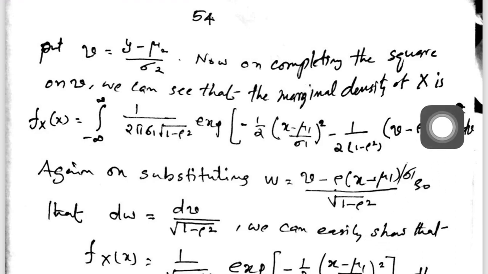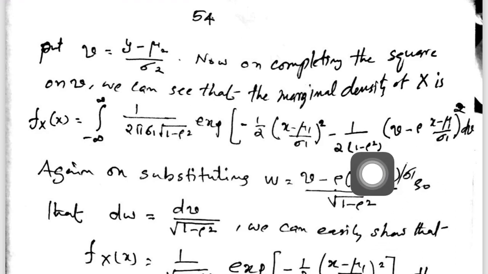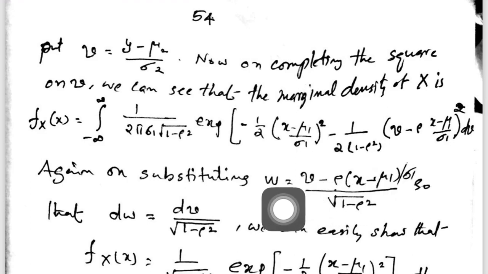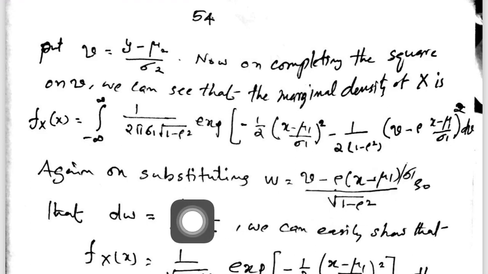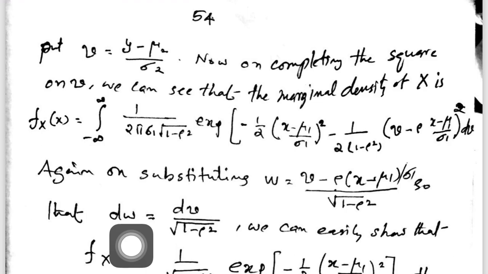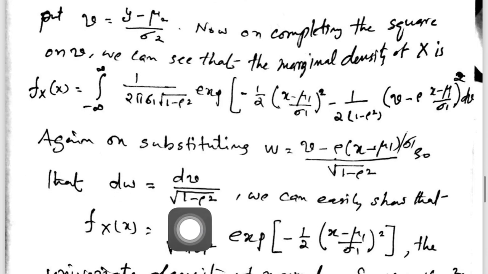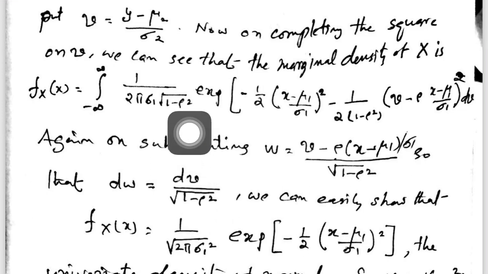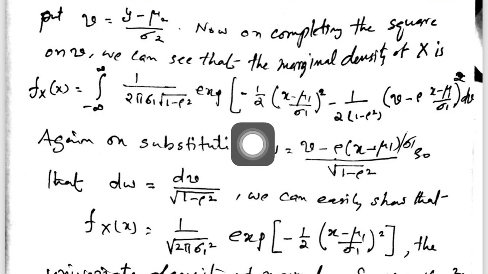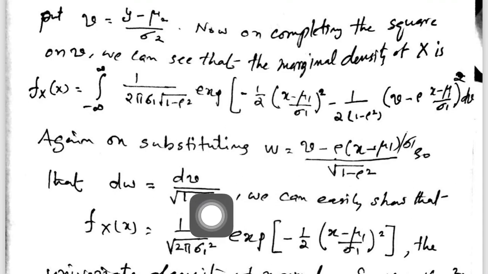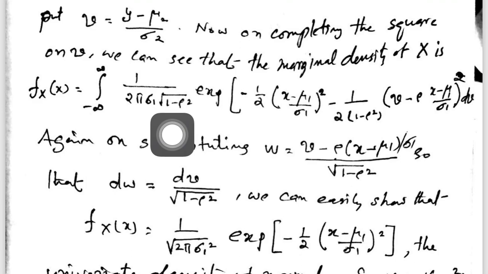Therefore, you can put this quantity with this 1 minus rho square in the denominator as omega square. And you can easily see that d omega is equal to dv by root of 1 minus rho square. So this 1 minus rho square and this 1 minus rho square will be getting cancelled.